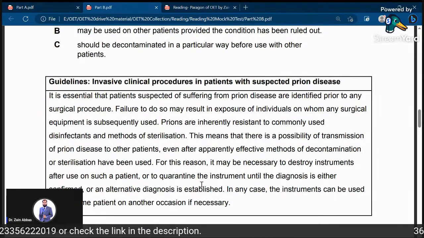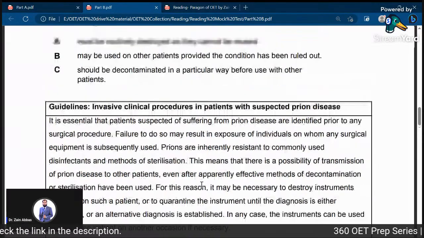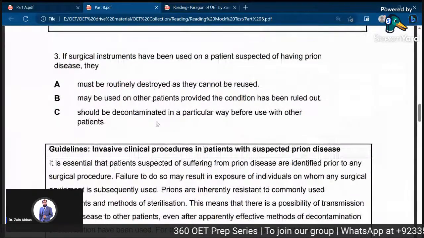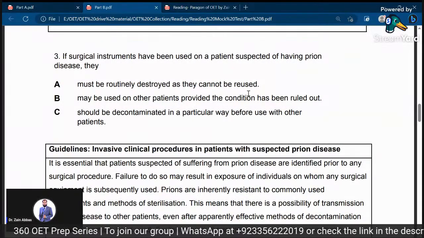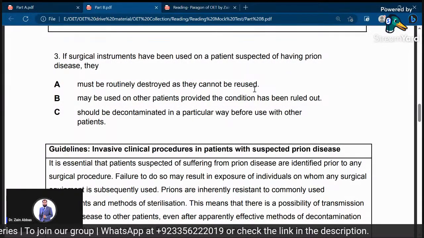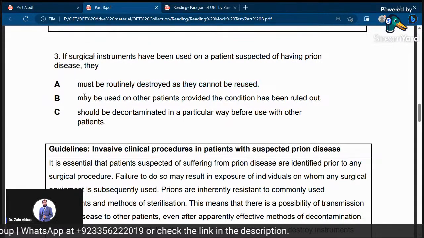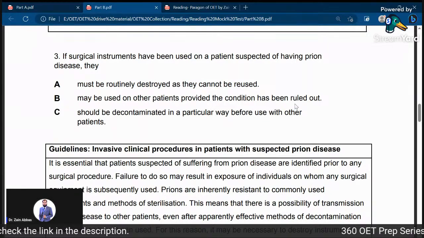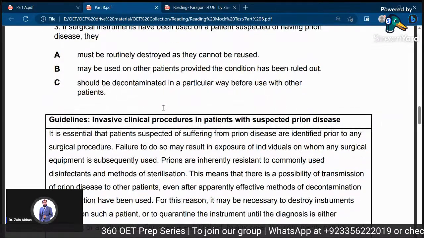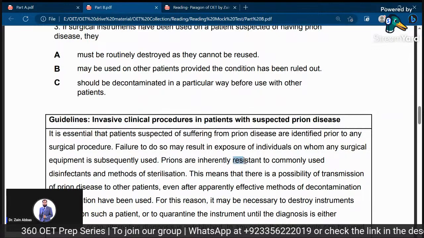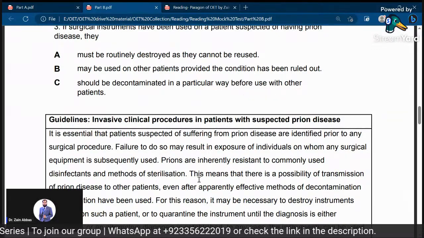So I have just used the signal word technique, and let me see if I can answer the question or not. So the options are: they must be routinely destroyed as they cannot be reused. Oh yes, it can be the option. Let us check the next one. May be used on other patients provided the conditions can be ruled out. It is not to be used on other patients in any condition, because, as it is mentioned here, prions.